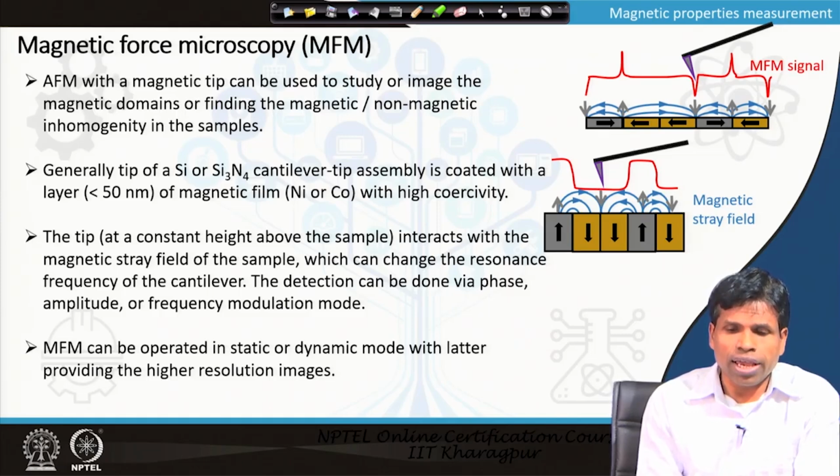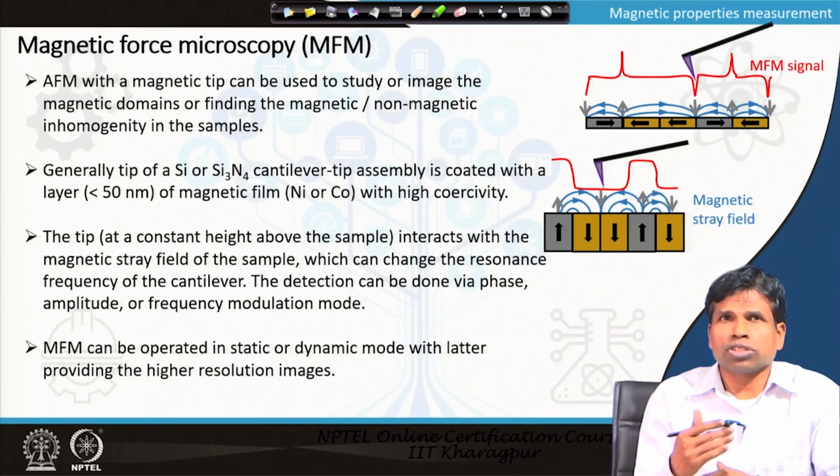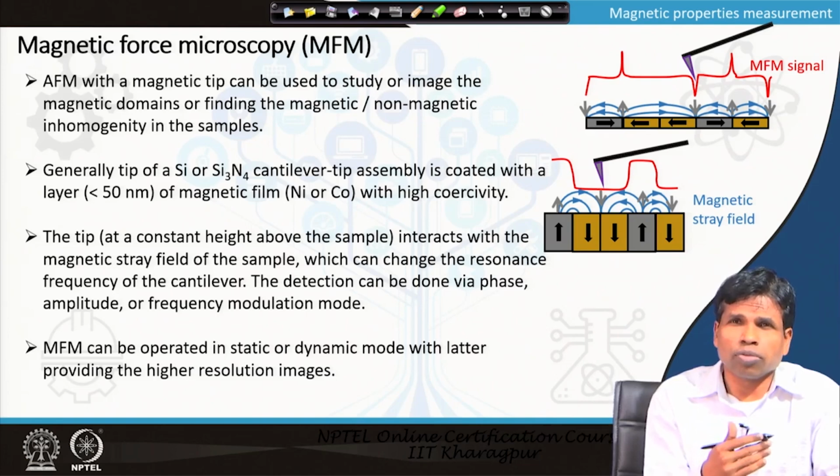After coating the AFM tip, it is used to measure the magnetic force generated on the sample. In this case it is done in constant height mode a little above the sample, because magnetic force is a long range force.